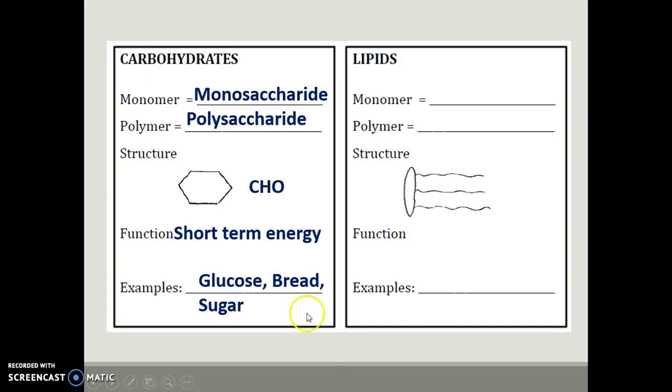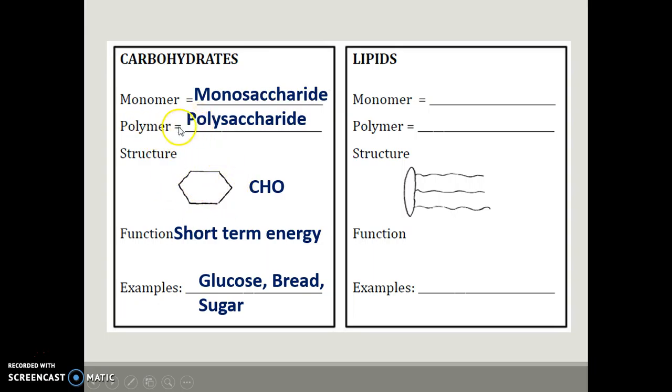Now let's look at each one more closely. The first one is carbohydrate. The monomer is called a monosaccharide. Mono means one, saccharide means sugar.